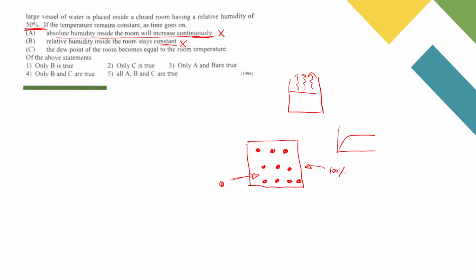Here you understand that RH is becoming 100% at the room temperature itself, right? If the RH is 100% at the room temperature, that means the dew point temperature is the room temperature itself. Therefore, statement C is correct. Then the answer is only C.